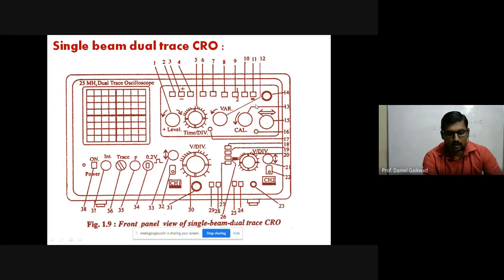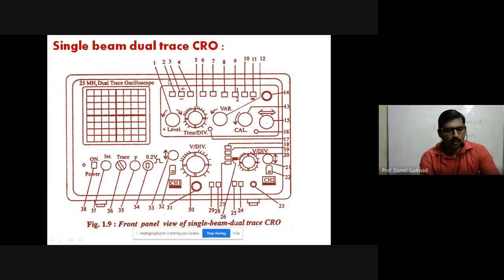Now when we actually observe the CRO, the numbers 1, 2, 3 and corresponding keys have particular working, and there may also be a difference in the front panel. So in case of second, there may be a third or fourth. So there are a number of keys or buttons available on the front panel. Let us go in detail.